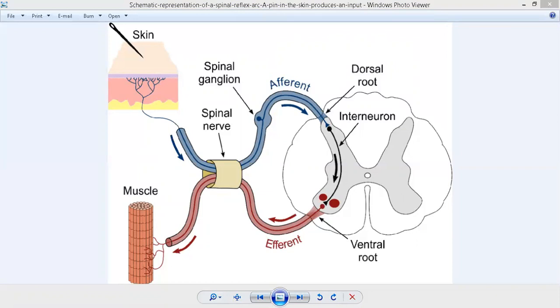For example, the skin over the shoulder is supplied by the spinal segment C3. So this is the dermatome of the C3 segment, and this is the dermatome of C5 and C6 and so on. So the area of the skin which is supplied by a single spinal segment is known as a dermatome.